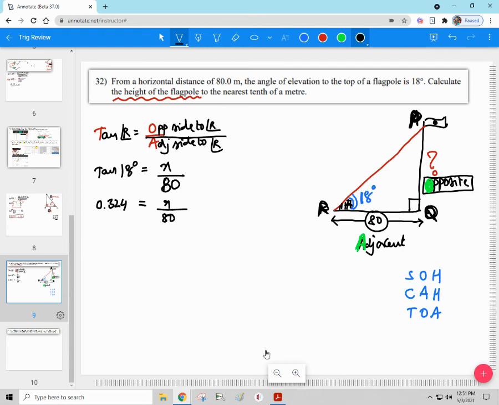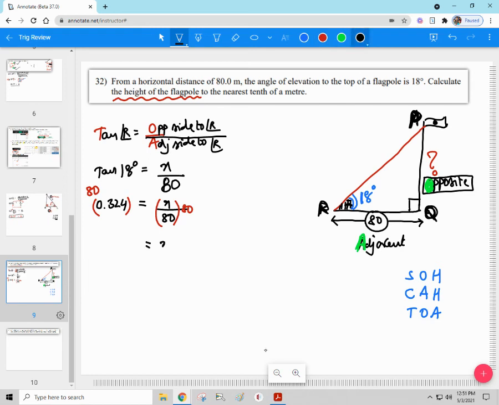Let's try to isolate the x value, so times 80 on both sides. So 80 times 0.324 gives me 25.92.